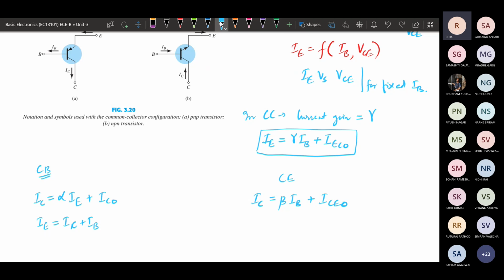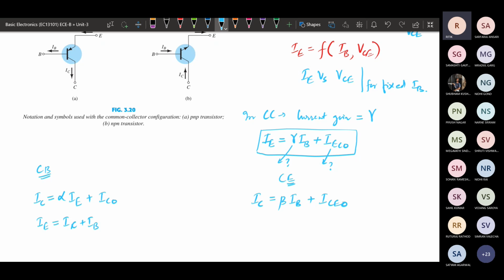So this should be the current relation basically. Output current, that is emitter current, will be a function of gamma times beta IB, that is base current, plus some leakage current. We need to represent whatever common base or common emitter current relation was there in this form so that we can get the value of gamma and the value of the leakage current, that is IECO.